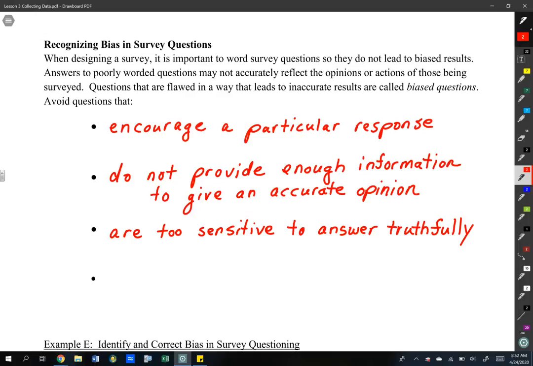Even in volunteer surveys, students tend to lie or slightly elevate their GPA because that is a very sensitive question for people to answer, right? So avoid questions that are too sensitive to answer truthfully. And lastly, avoid questions that address more than one issue. Keep it simple.